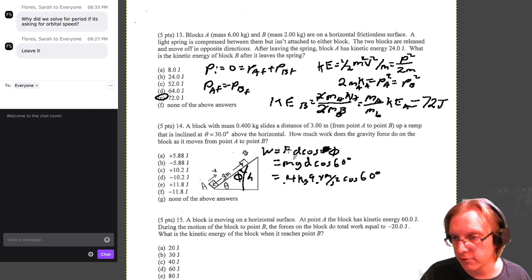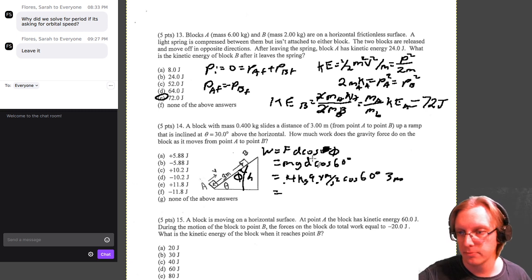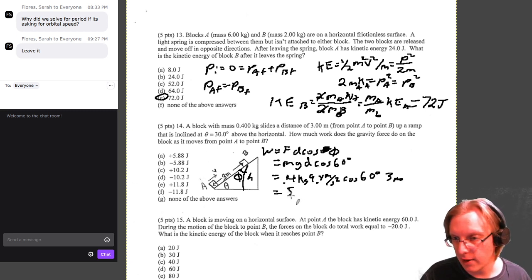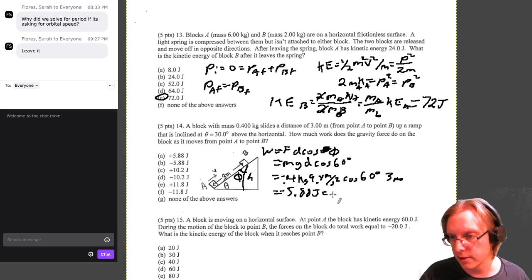Oh, and our distance traveled, which is 3 meters. Should come out to be the same. 0.4 times 9.8 times 3 times cosine 60 degrees is 5.88. Yep. 5.88 joules. And again, we're going up while gravity is pointing down, so this must carry a minus sign. So this is exactly the same thing as minus mgh.